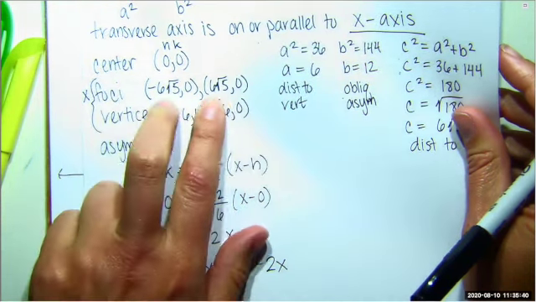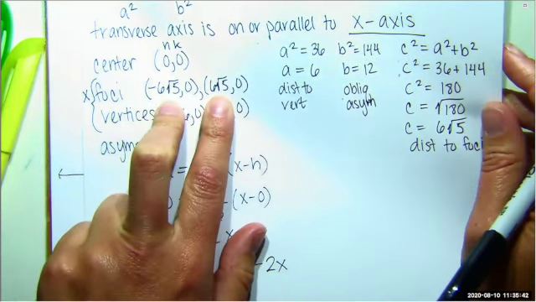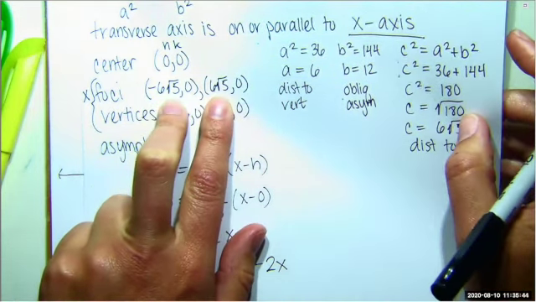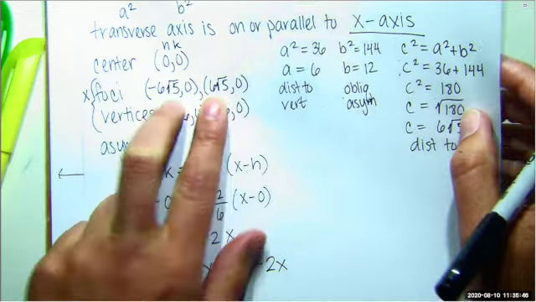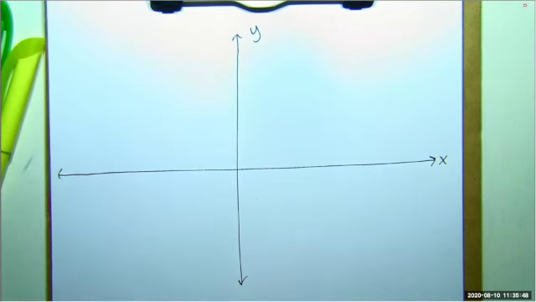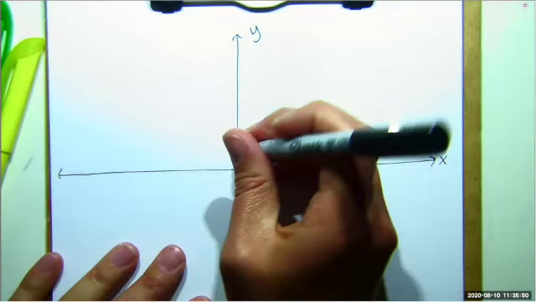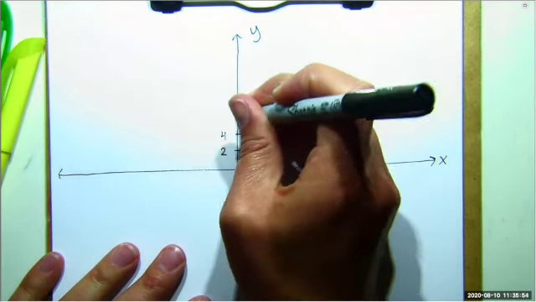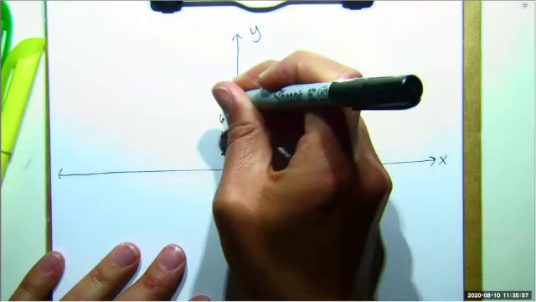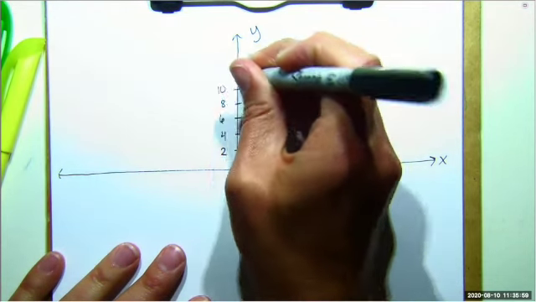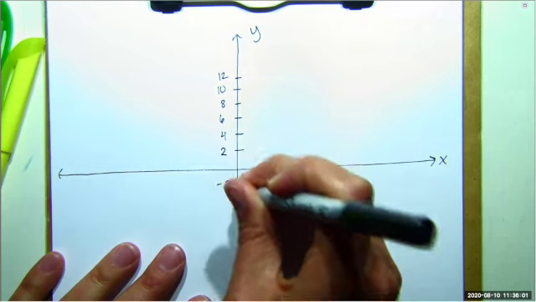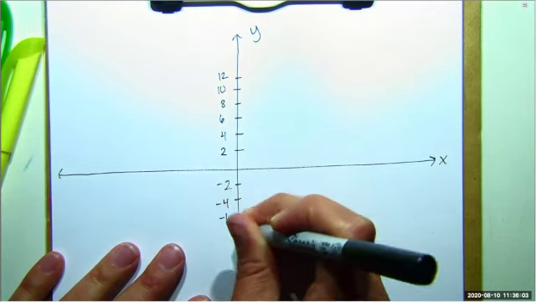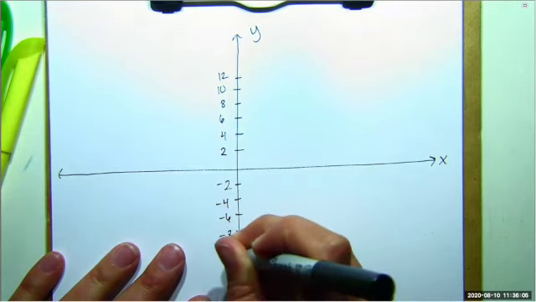And then for my foci, I need to get out to 6 root 5, which is about 13 point something. I'm going to count by twos here since we have a lot to travel. So 2, 4, 6, 8, 10, 12, negative 2, negative 4, negative 6, negative 8, negative 10, negative 12.